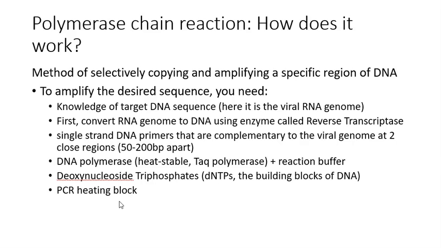Now, all we have to do is, and I say all we have to do, we chemically synthesize some short pieces of DNA that are single-stranded, and we call these DNA or PCR primers. They're typically about 16 to 20 bases or nucleotides in length, and they are complementary to the viral genome, or in this case the viral cDNA, at two regions, typically 50 to a couple of hundred base pairs apart.